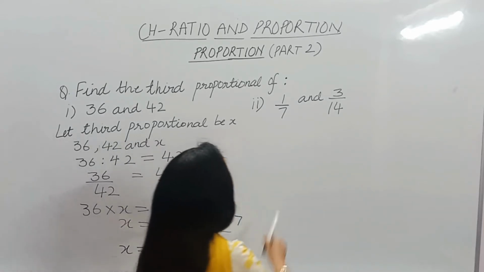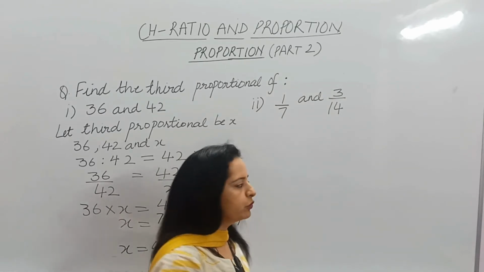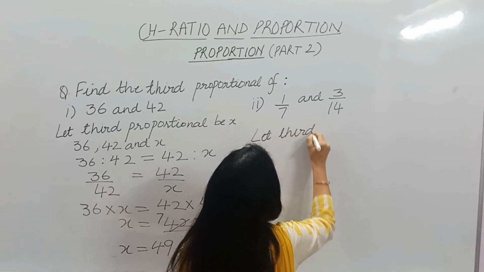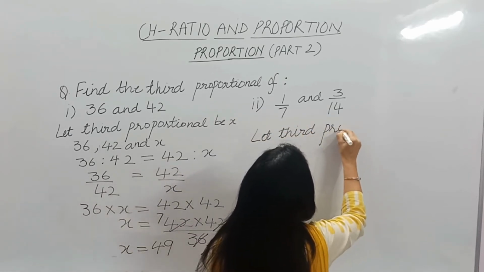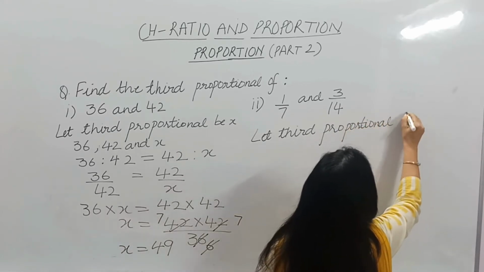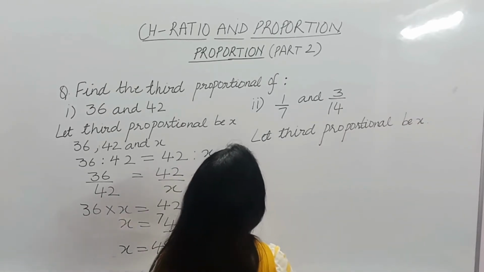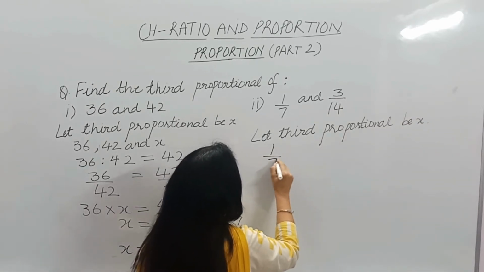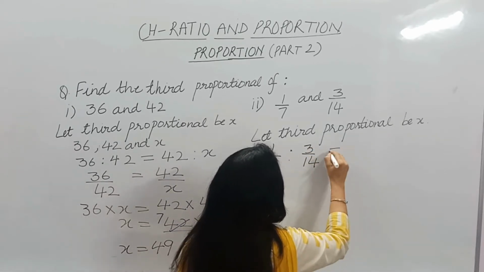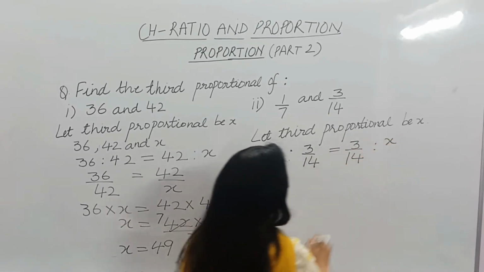In this I have 1 upon 7 and 3 upon 14 and we need to find the third proportional. So let the third proportional be x. Now the third proportional is x, that means the ratio between 1 upon 7 and 3 upon 14 is equal to 3 upon 14 ratio x.